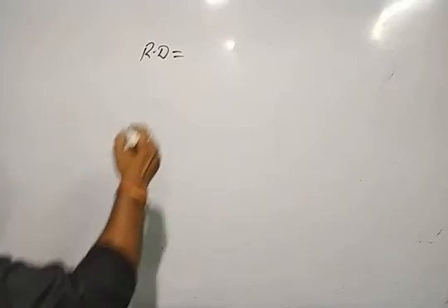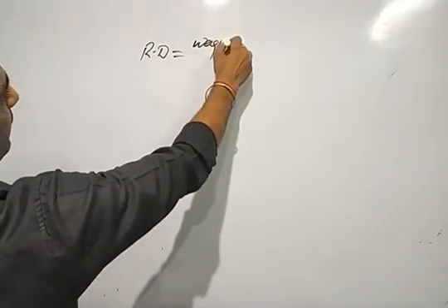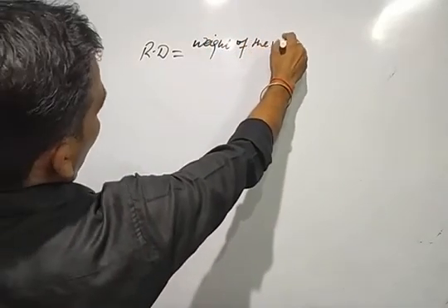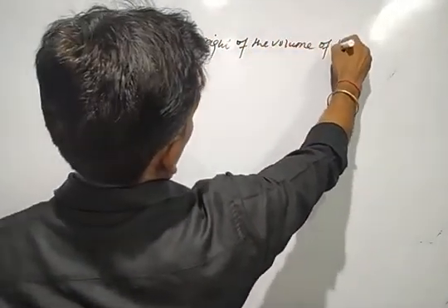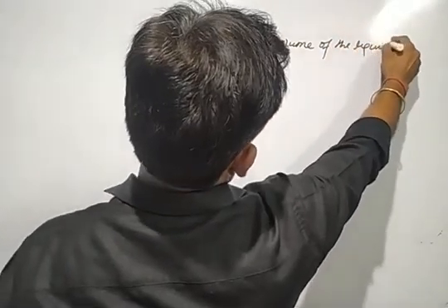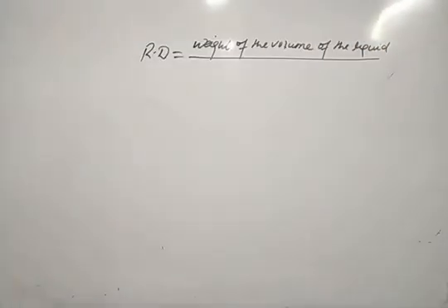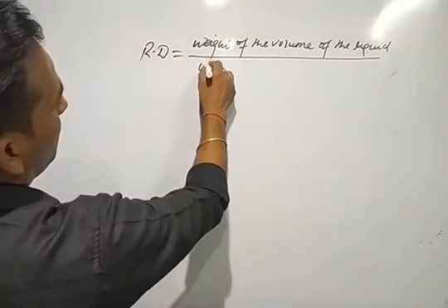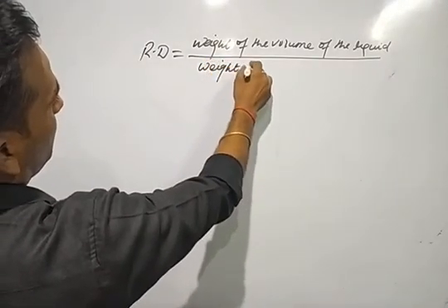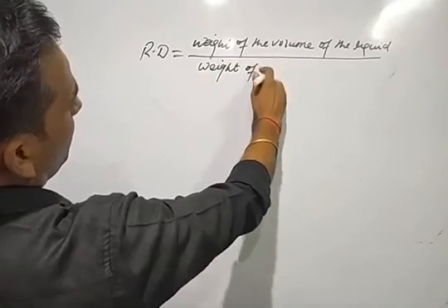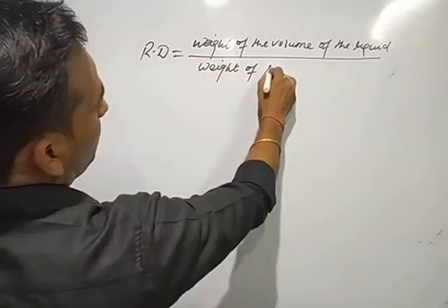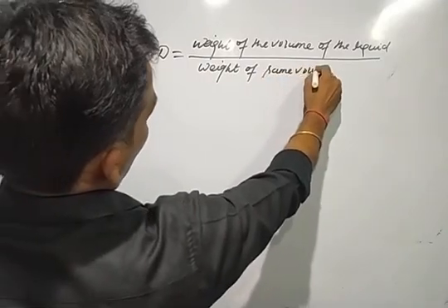By definition, we all know relative density of a liquid is, I have told you, weight of a given volume of the liquid upon weight of the same volume of water.